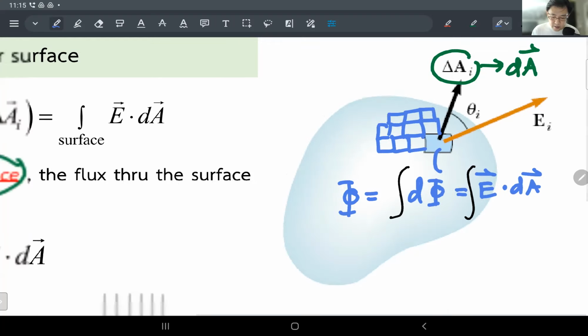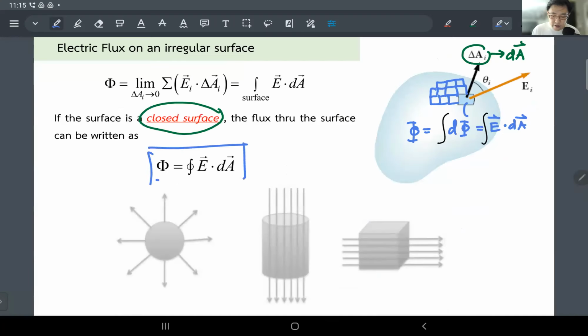That's how you calculate the net flux over any closed surface. Because your surface is always closed in our discussion, we emphasize that by putting a circle symbol on top of the integral sign, just to say that this integral is over the surface, but a closed surface. Cool?